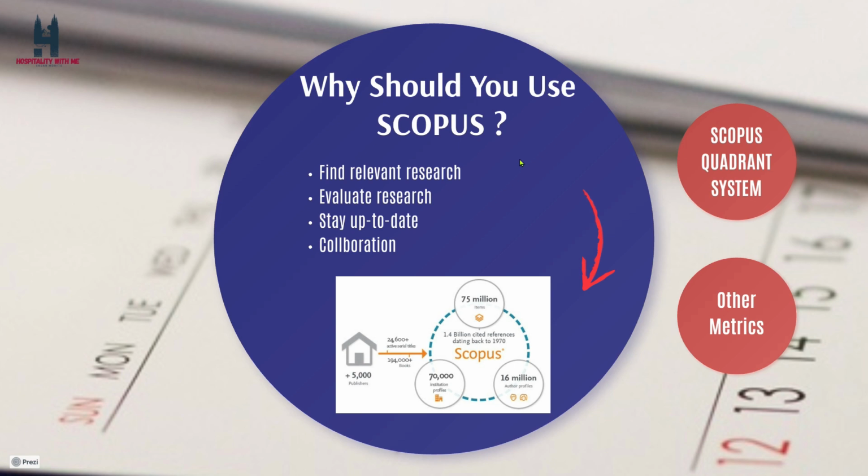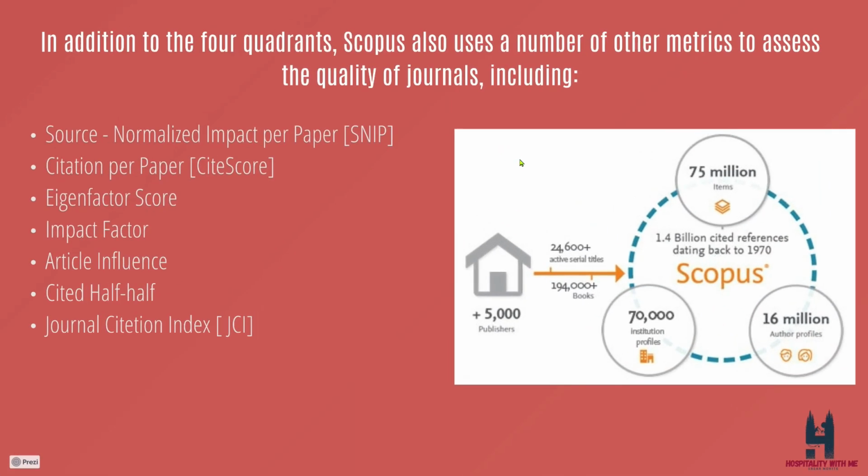In addition to the 4 quadrants, Scopus also uses a number of other metrics to assess the quality of journals, including source impact factor, citation, article influence, cited half-life and journal indexing. Now the impact factor. The impact factor is a measure of the average number of citations received by a journal's articles in the past 2 years.